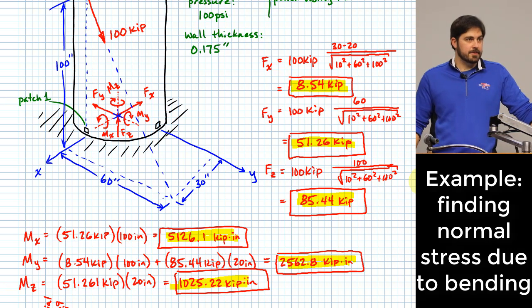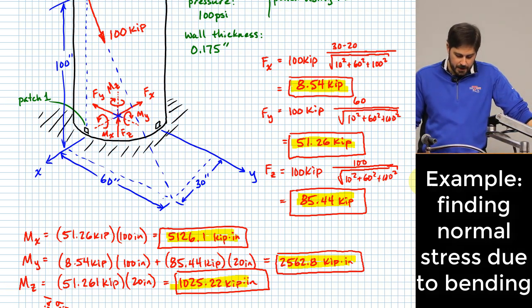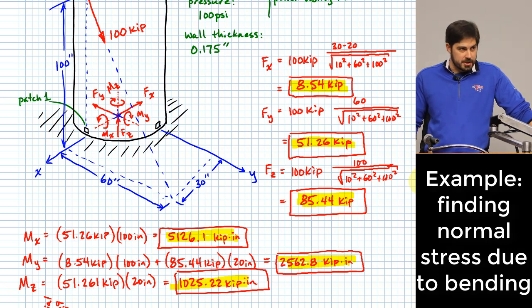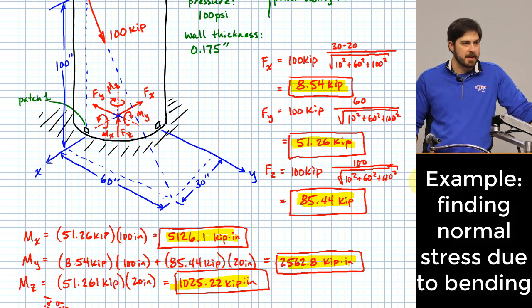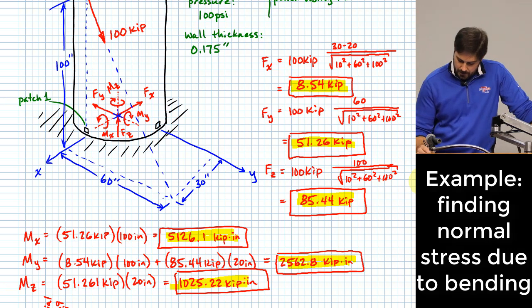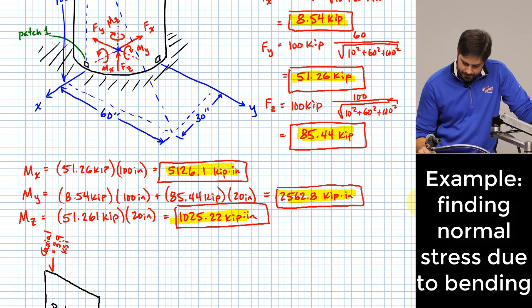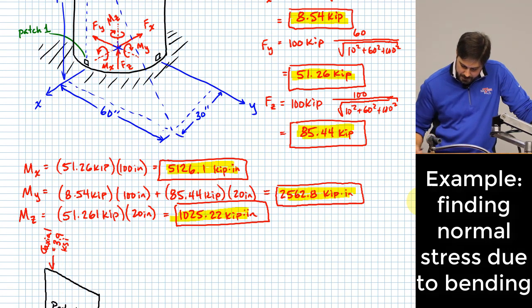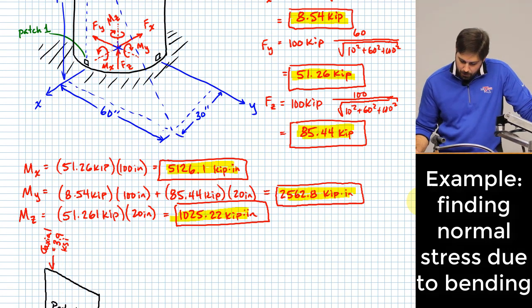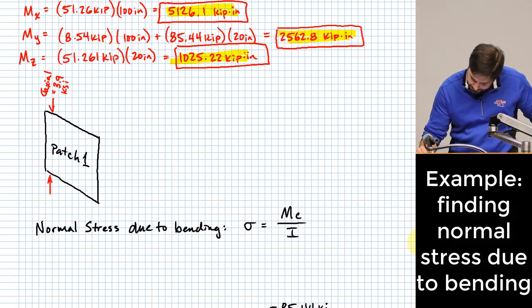My. Okay, that's correct, My. So the fact that I have a moment around the y-axis and, given the direction of that moment, it's going to tend to create a compressive stress in that patch 1. Okay, so I need to figure out what the value is of that stress. My is 2562.8 kip inches.